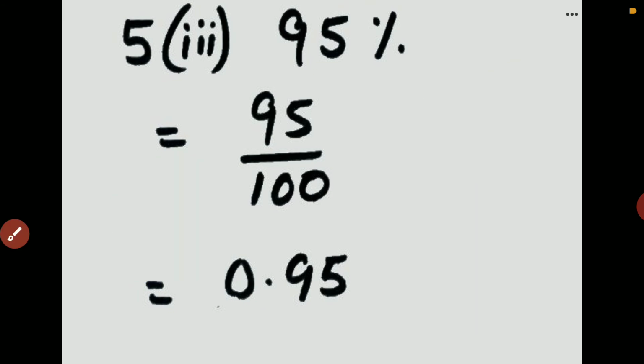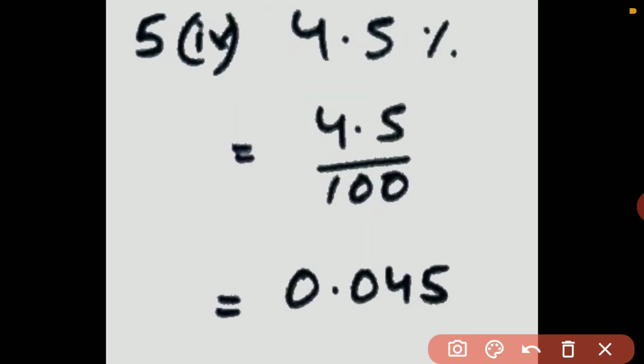Now going to the next question, which is number 5.4. The question given to us is 4.5%. So we can write it as 4.5 upon 100. Now I have to put a decimal point in front of how many digits? Two digits, but the decimal is already there in front of one digit.